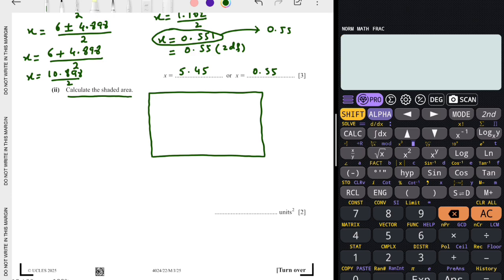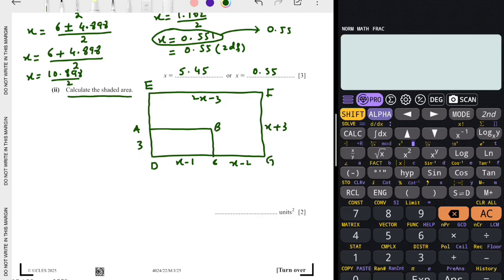This is the bigger rectangle, and this is E, F, G and D, and inside there is a smaller rectangle, that is A, B, C and D. Their lengths and widths are 2x minus 3, x plus 3, and 3 and x minus 1, and this is x minus 2.